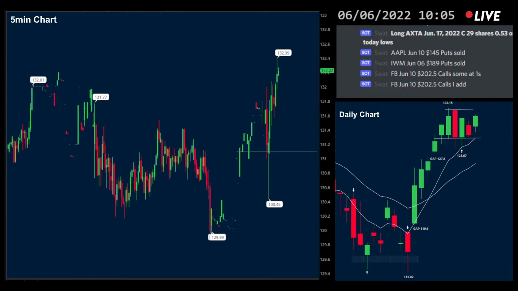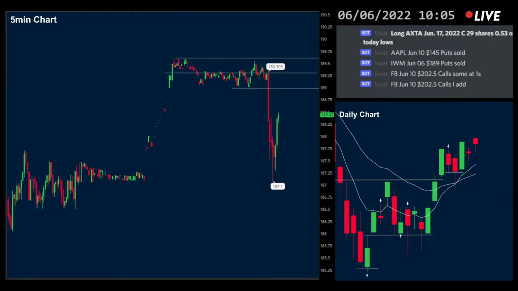JP Morgan keeps going on more bull flow. IWM bouncing. Some bull flow on IWM now, guys. Calls 188 on IWM.